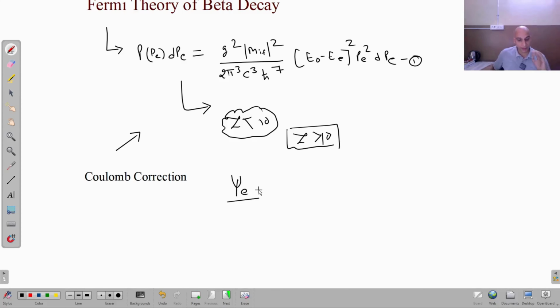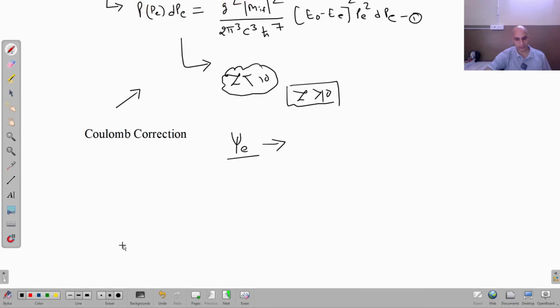We should replace it by a wave function that is modified by a potential, or interaction. The factor that determines how much interaction there is depends upon the wave function of the electron in the Coulomb potential and the wave function of the electron in free space. So we define that factor.